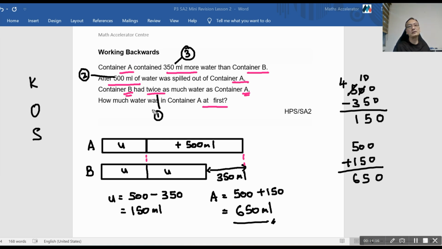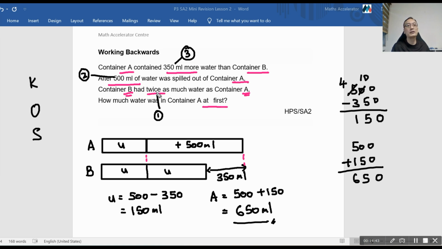The first step is always the last instruction or the last information before the question. In other words, over here, we have the question that says how much water was in container A at first. So the information before it is this part that says container B has twice as much water as container A. So this keyword of twice is our first step, because it's the information just before the question.